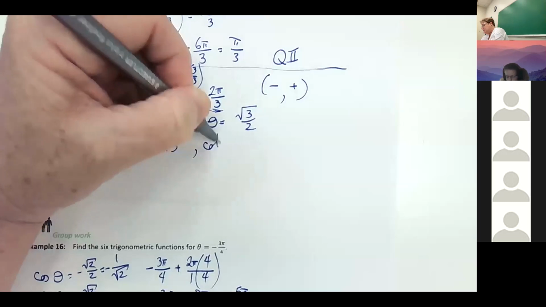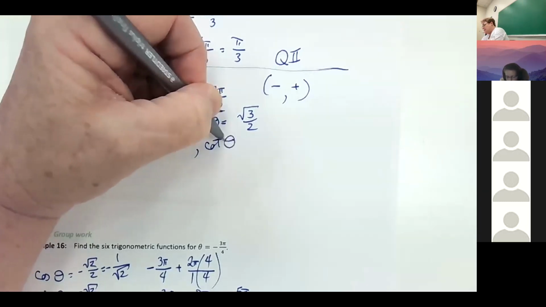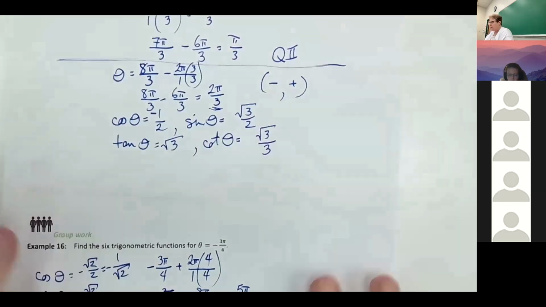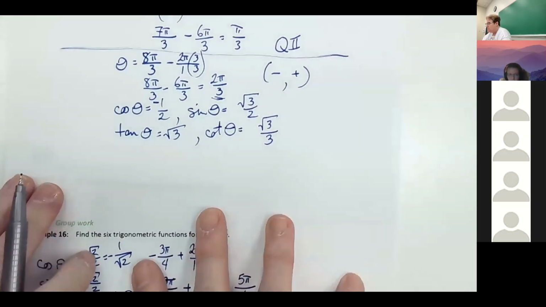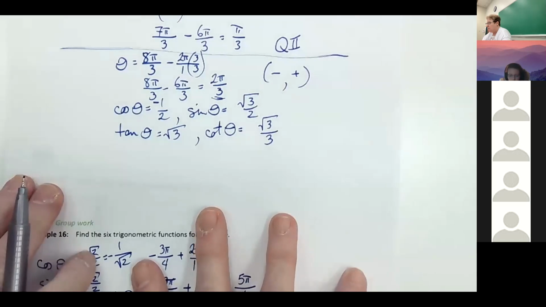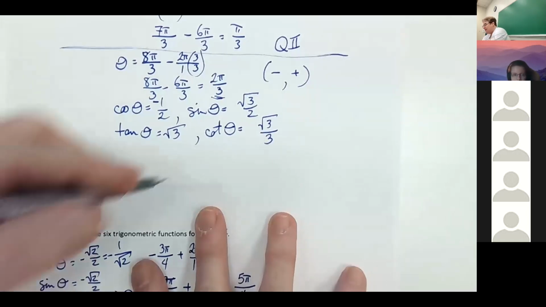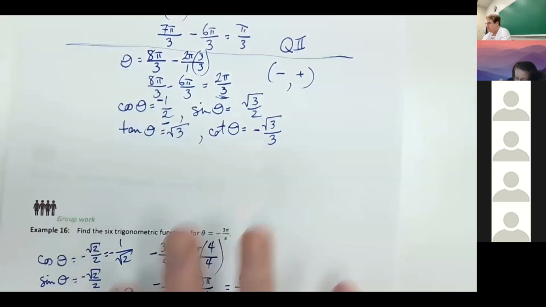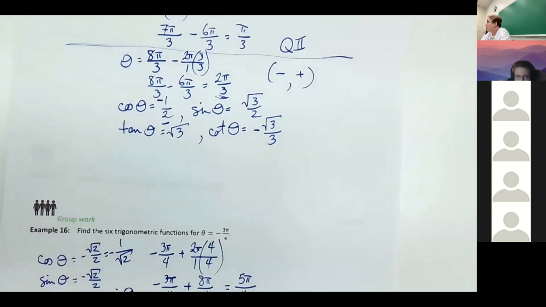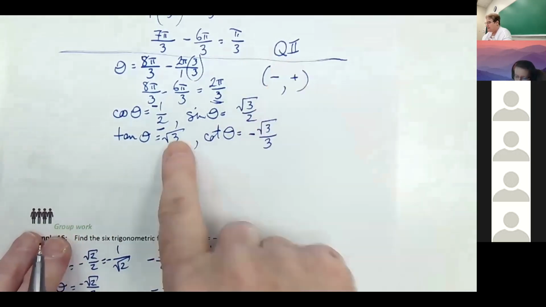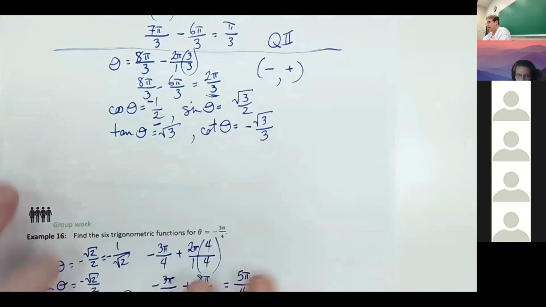The cotangent will be square root of 3 over 3. Are they positive or negative? Negative. Good. And why? Good. Anytime the signs are different, tangent and cotangent will be negative.